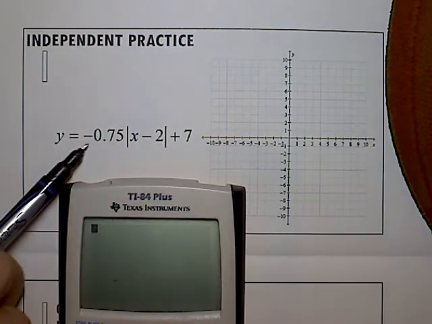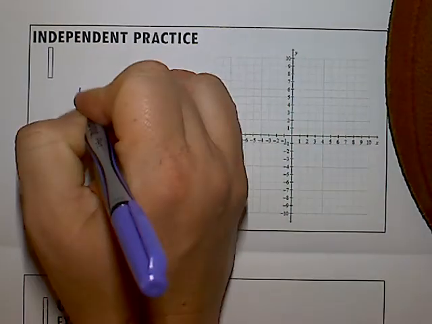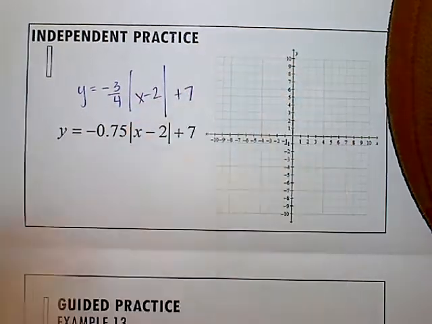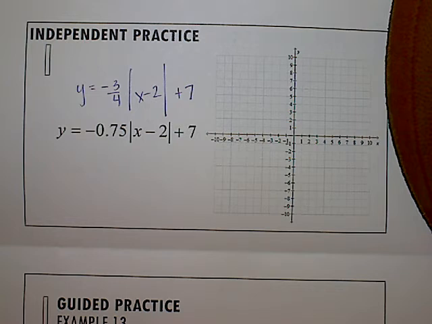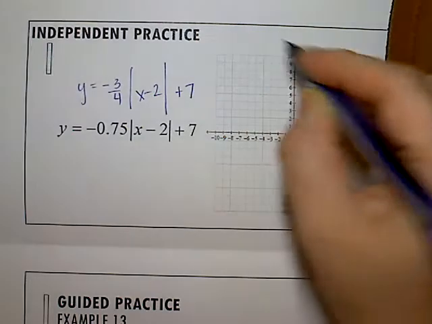So to do this, if you did not know what this converts to, you would type it in, hit math, fraction, enter, enter. And now use the slope of negative 3 over 4.